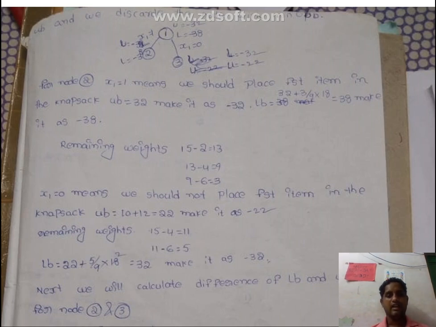Now the upper bound equals 10 plus 12 equals 22, make it minus 22. Remaining weight is 15 minus 4 equals 11, 11 minus 6 equals 5, so the lower bound equals 22 plus 5 by 9 into 18, that equals 32, make it minus 32.